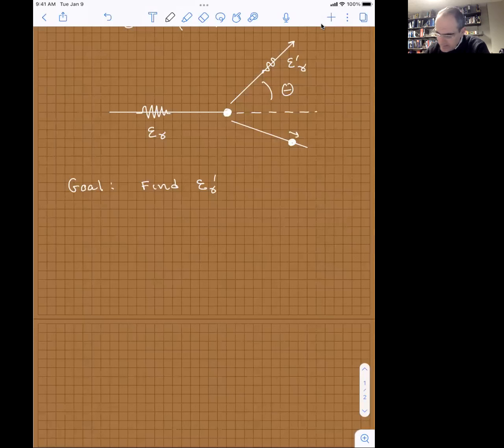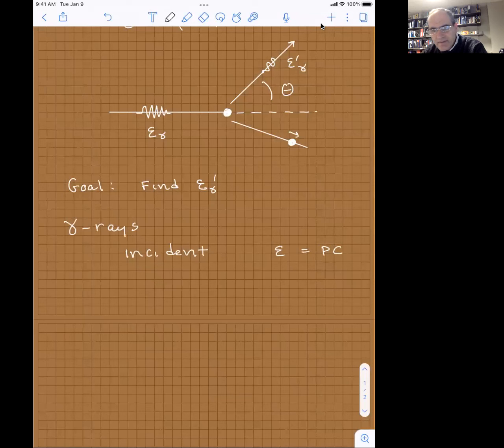When we set this problem up, first, let's make sure we understand our notation. In terms of gamma rays, we're interested in the incident gamma ray, which has some energy, E, which we'll write as its momentum times the speed of light.